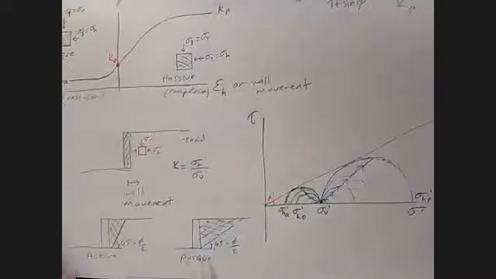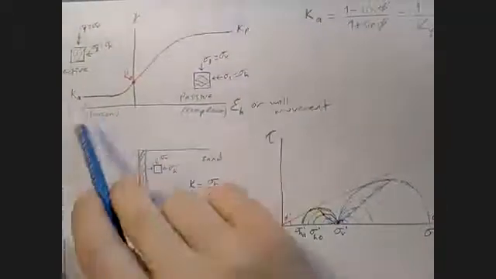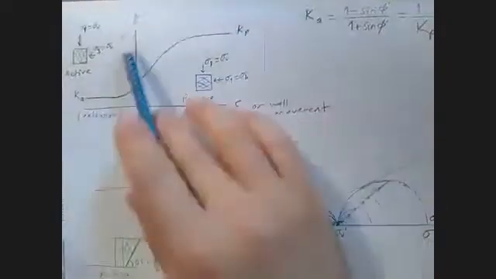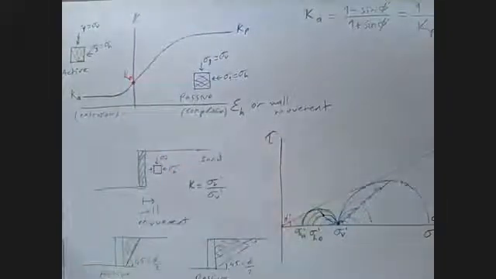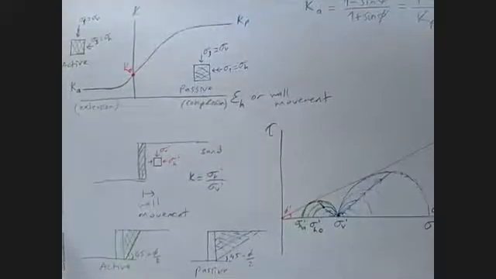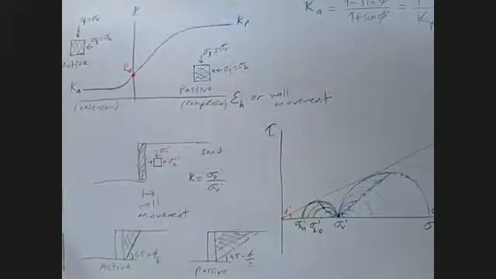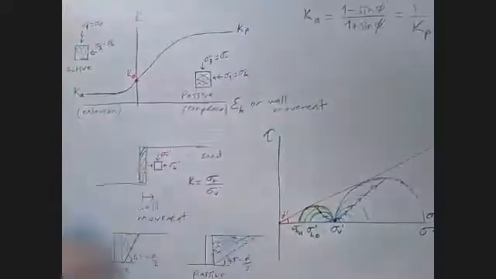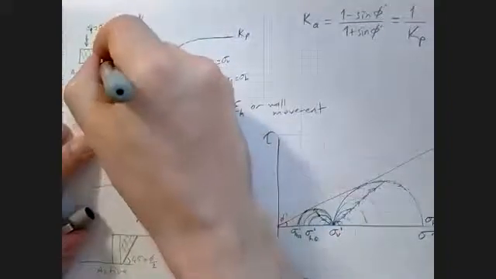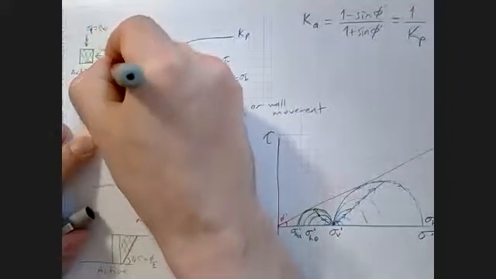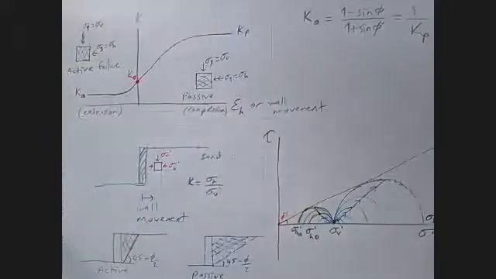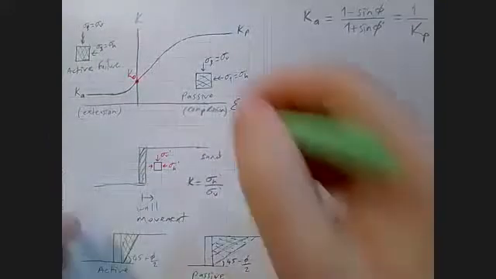So the good thing to remember here is the active and passive conditions. These conditions, the very end conditions of this plot, are the extremes. They are the failure states: active failure mode, passive failure mode.